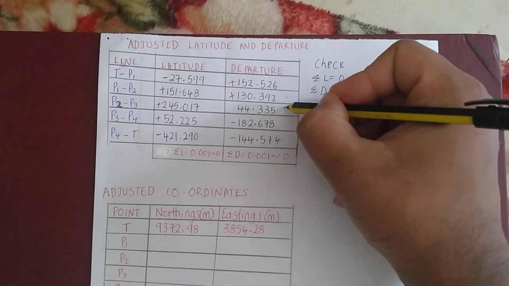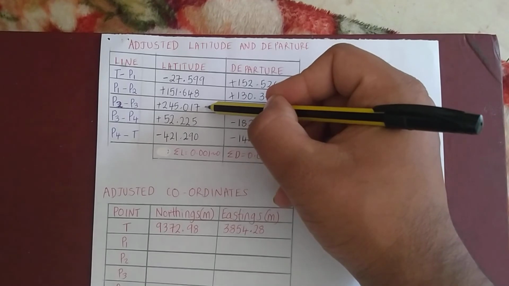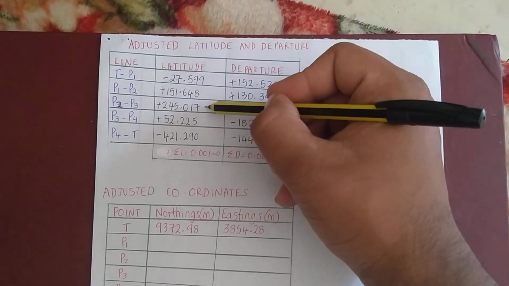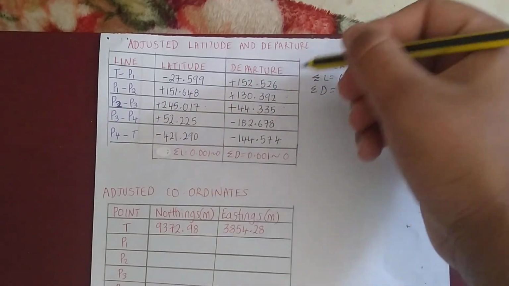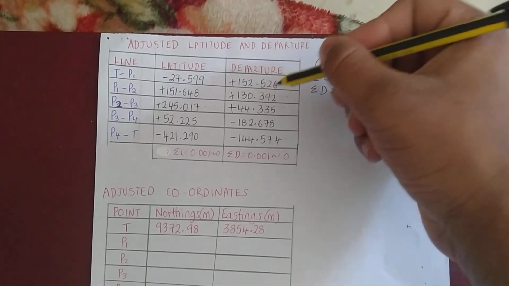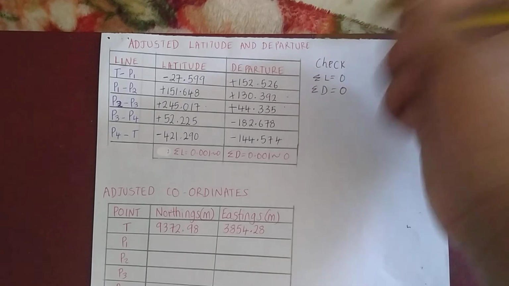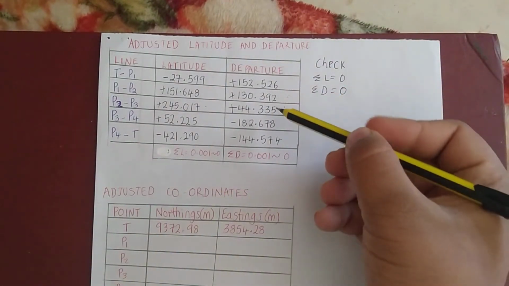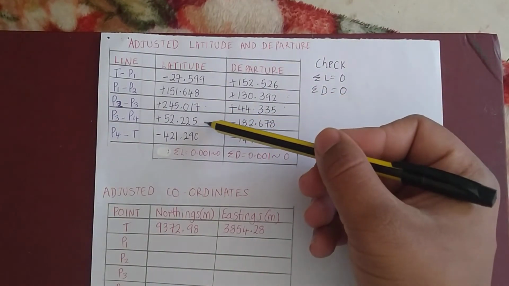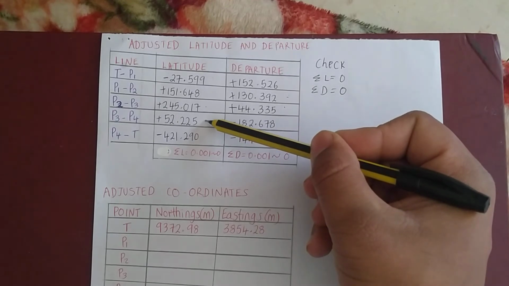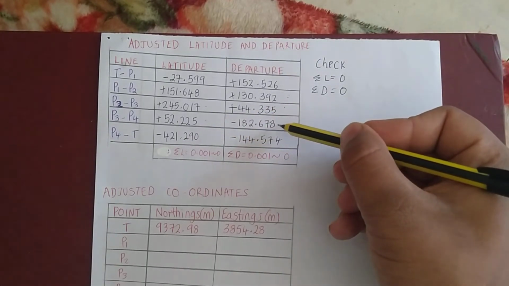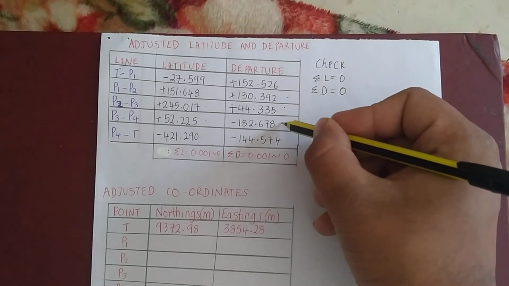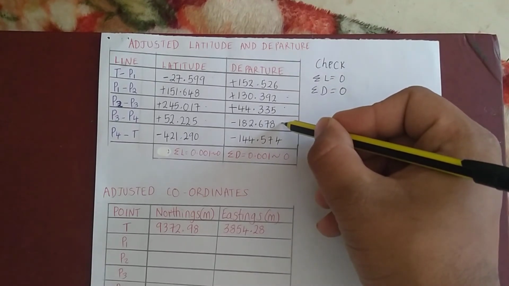Line P2, P3, I have a latitude of positive 245.017 and then a departure of positive 44.335, and line P3, P4, a latitude of 52.225 positive, and the departure of negative 182.678.